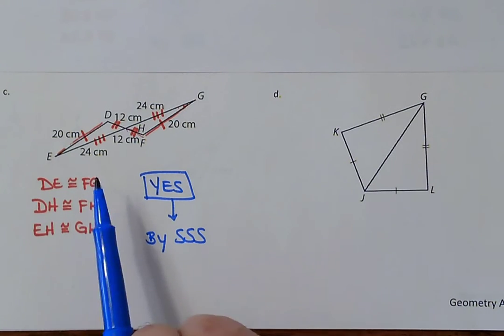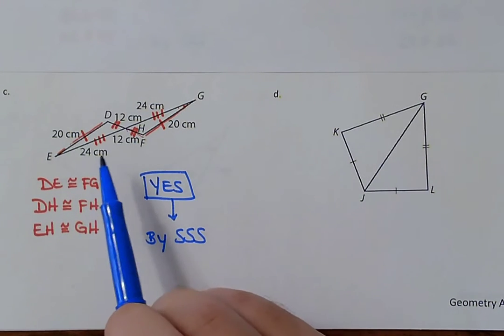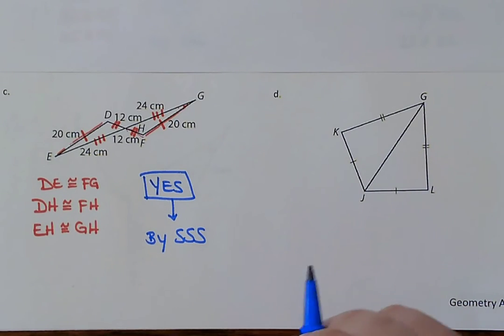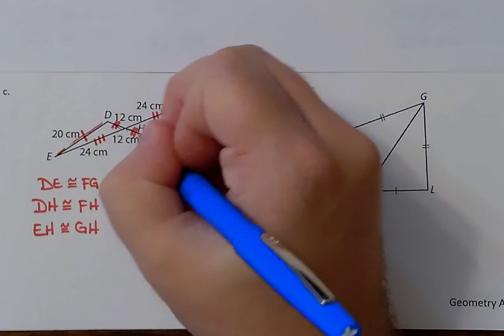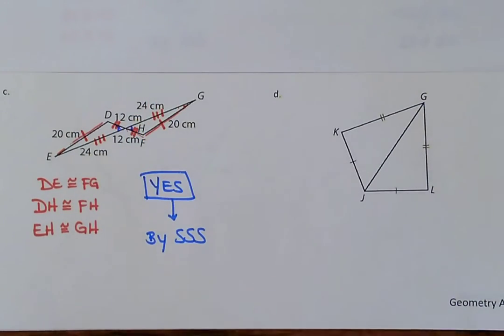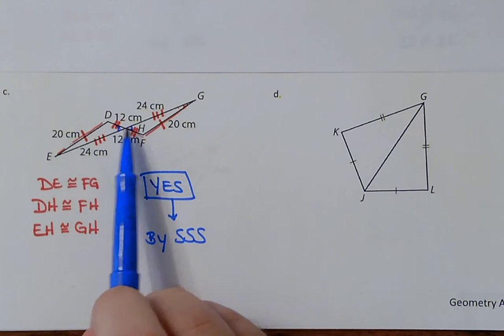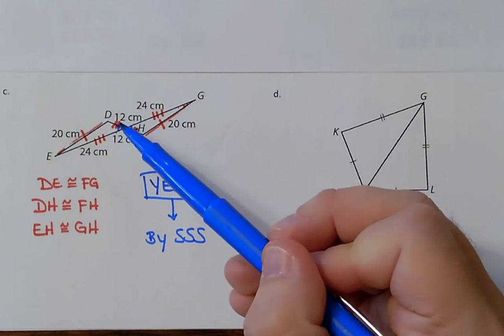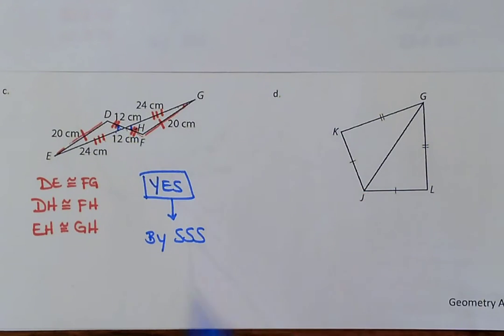Now, for this one in particular, we can say it's congruent by side, side, side, but just one thing to note, because I want to keep it fresh in your mind. Two straight lines that cross make vertical angles, or opposite angles, which are congruent. So these two angles are congruent to each other as well. So I could also say, based off side, angle, side, that these two triangles are congruent.